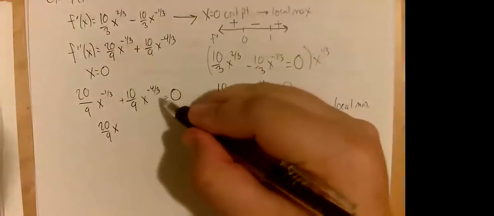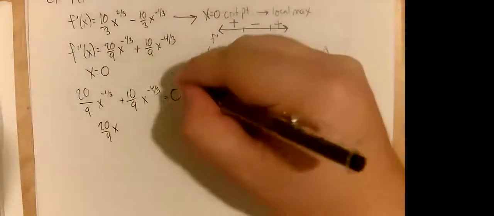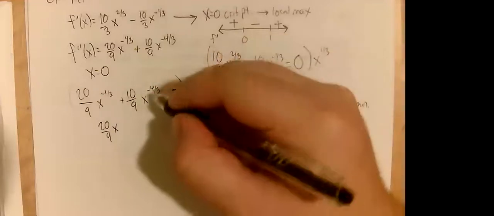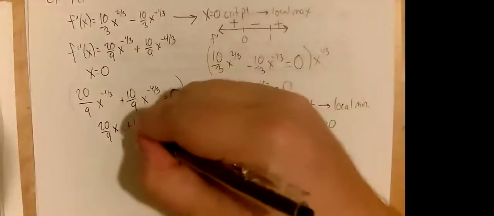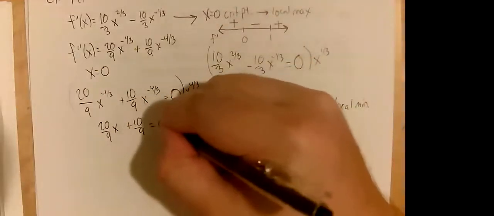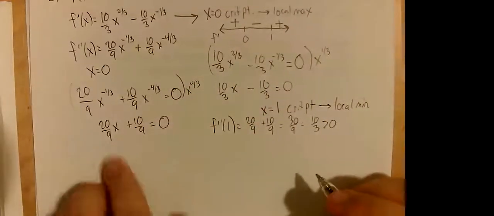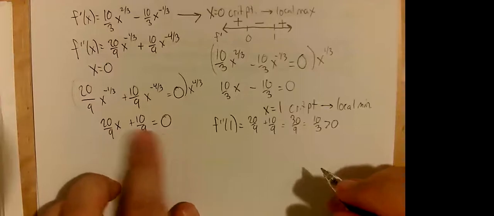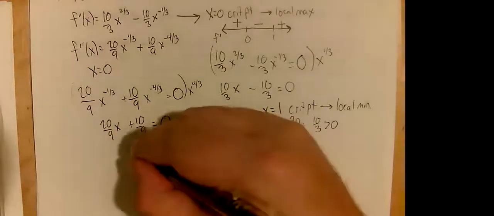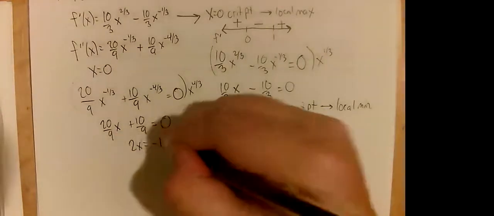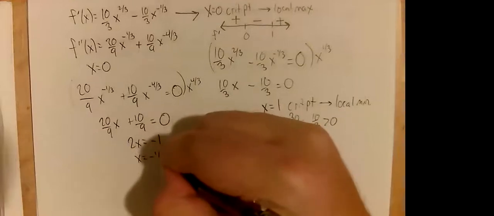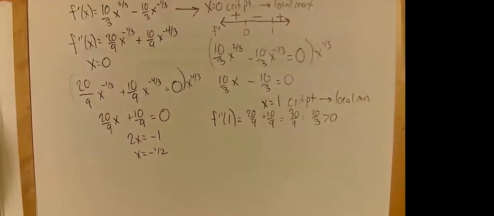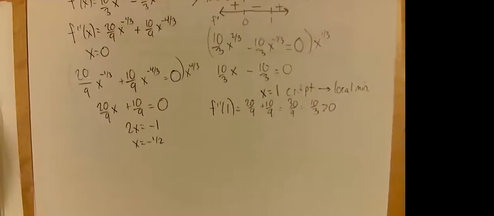And x to the 4/3 times x to the -4/3 will cancel out. All right, and then we can multiply both sides by 9, divide by 10, subtract this over, which will give us 2x equals -1. So x will equal -1/2 for this instance.